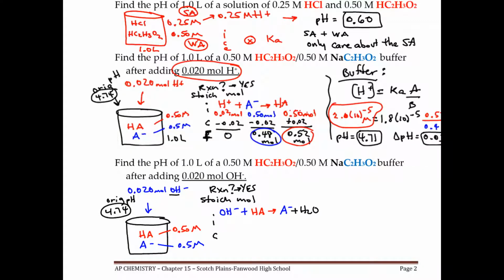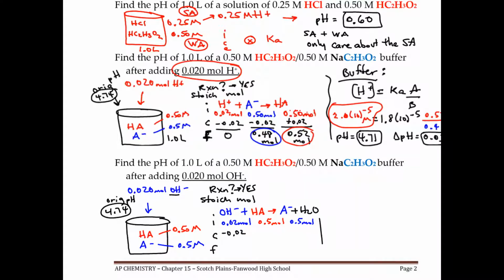We're going to do ICF, initial change final, as with limiting reagents we used to do. So we write our 0.02 moles right here. We have our 0.5 of our acid, our 0.5 of our conjugate base, and we don't really care about the water.